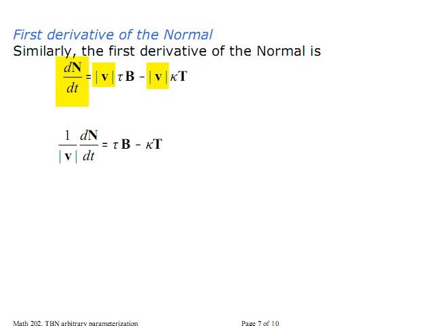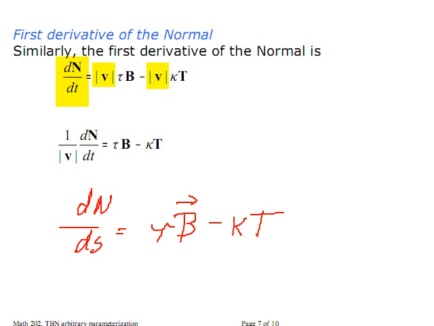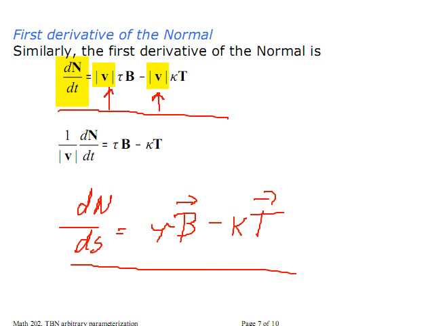I'm going to write here, dn by ds, this is for arc length parameterization, is the scalar torsion scaling the binormal unit vector, minus kappa times the tangent vector. This is for arc length parameterization. Here we have it for arbitrary parameterization. The only difference are the scaling factors of the magnitude of the velocity, which is the magnitude of the first derivative of your parameterization.